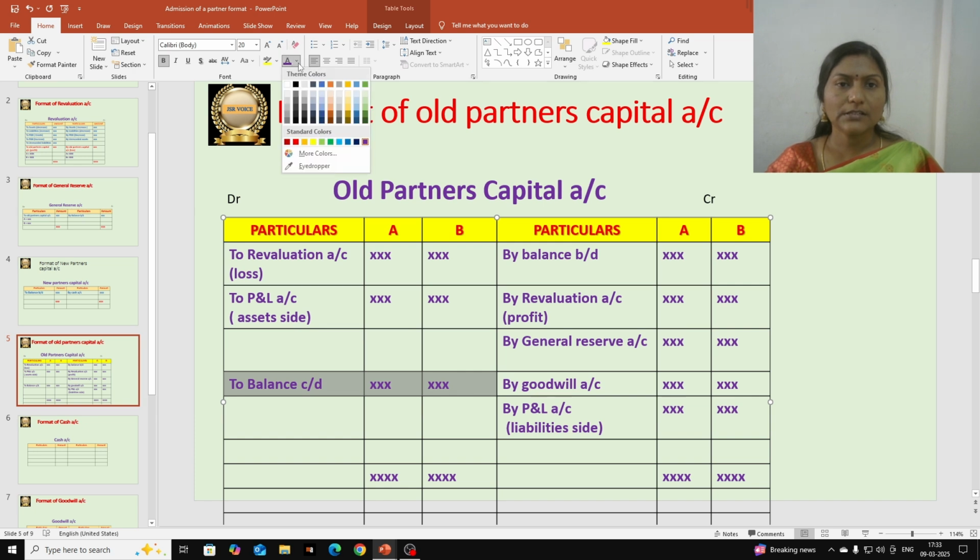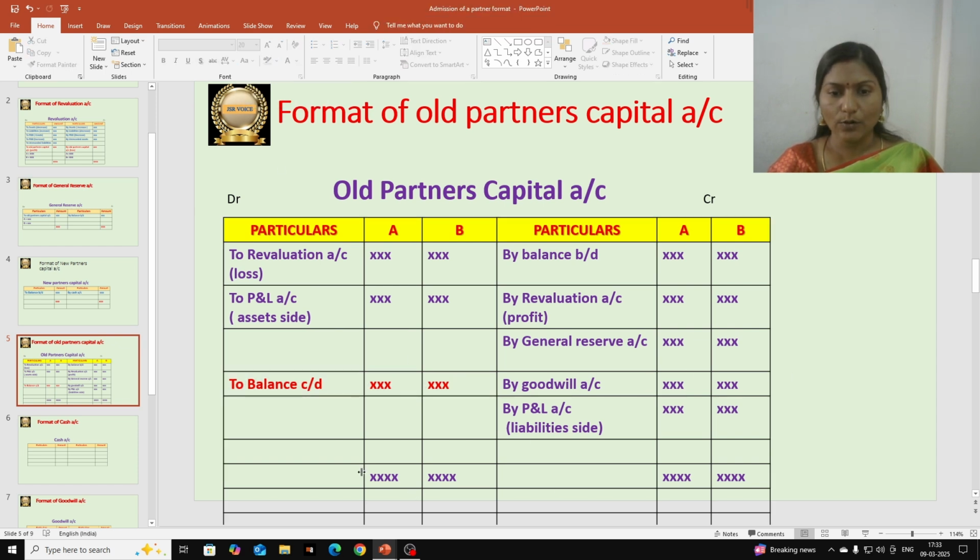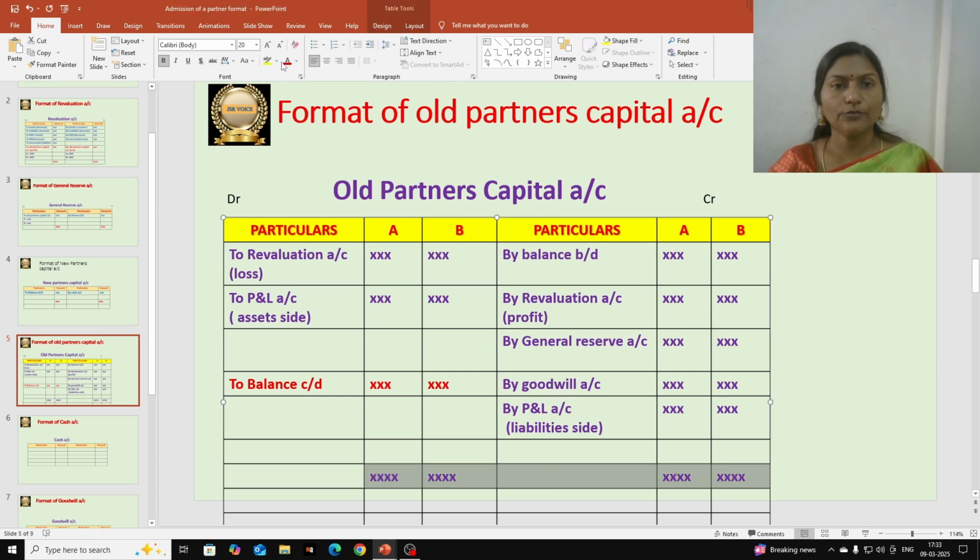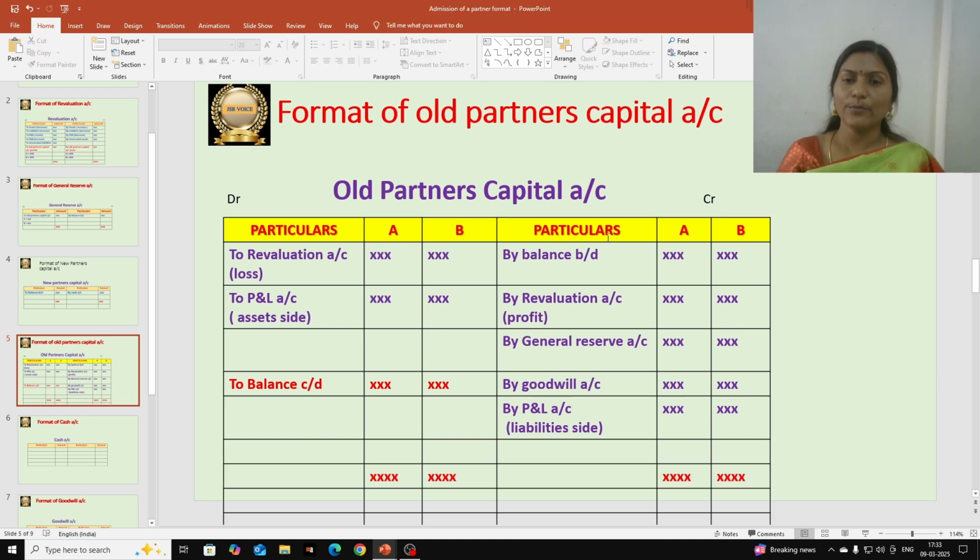So I'm putting this here, and I'm using this other color, that is red color. Okay, and these four are totals of all two partners. Okay, so this is how we prepare old partners capital account. Hope this is clear for everyone.